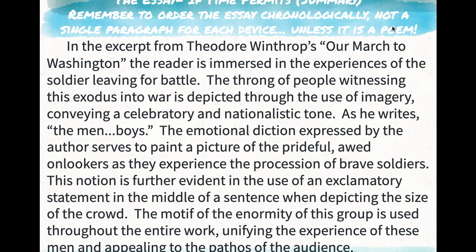So here's the essay. Here's the summary. If it's a poem, obviously you don't have to order it chronologically. It's a little bit harder, but I told you 19 times out of 20 there's no poem on the test, especially because this is a class based on prose, not on poetry.